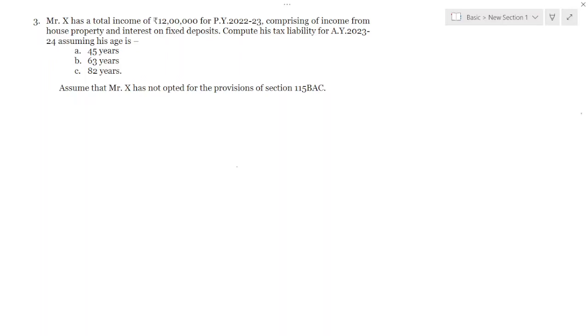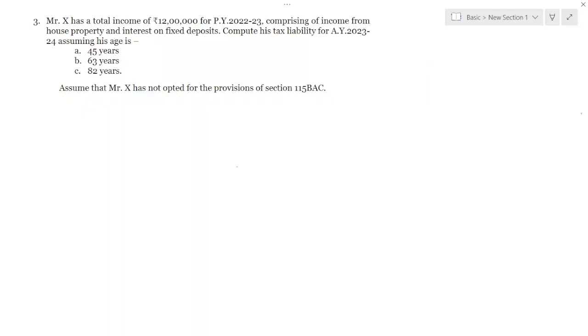Compute his tax liability for the assessment year 2023-24, assuming his age is 45 years, 63 years and 82 years. So we have to compute tax under all these three age categories. That's best, right? And very basic problem I have taken this so that you will understand the basics and then we will build on the things.